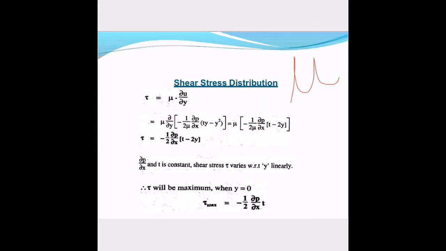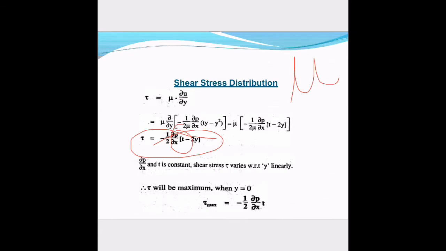To find out the shear stress distribution, we have to consider two boundary conditions: y equal to 0 and y equal to t by 2. We will get the maximum shear stress when y is 0, isn't it?